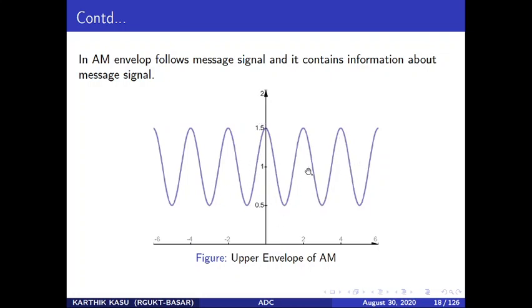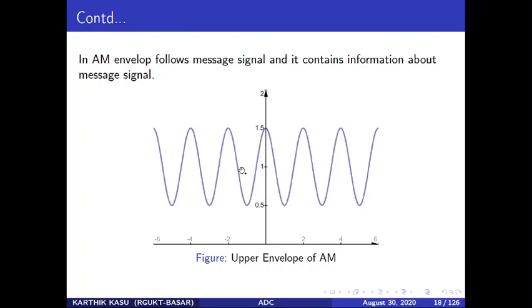So this is the upper envelope. So one is enough for us. I told you already. Now it resembles what? Our message signal. It is not exactly the message signal, but it is just like our message signal, isn't it? Now it follows the message signal. Otherwise, you can say the envelope follows the message signal, and it contains information about the message signal.